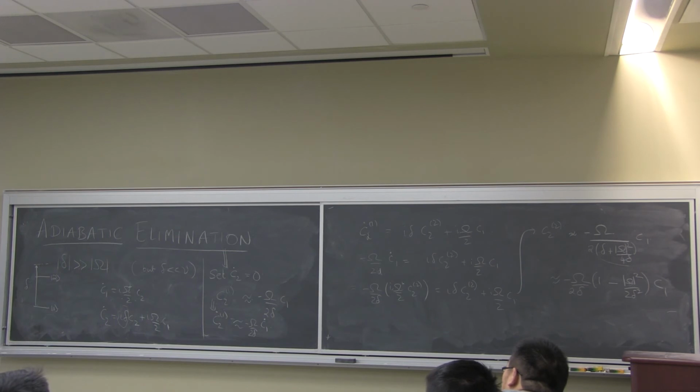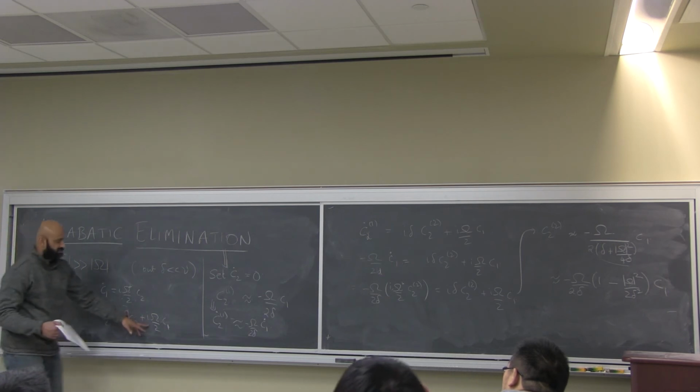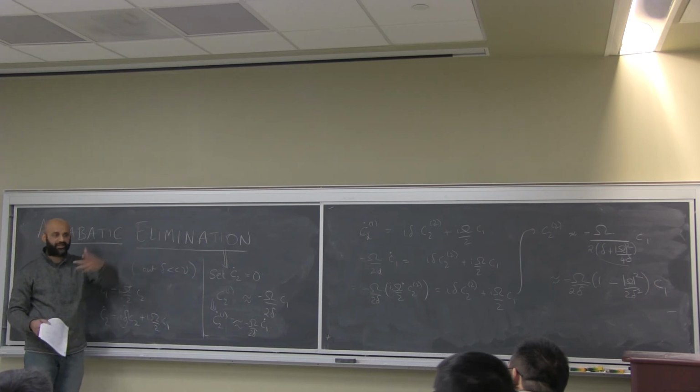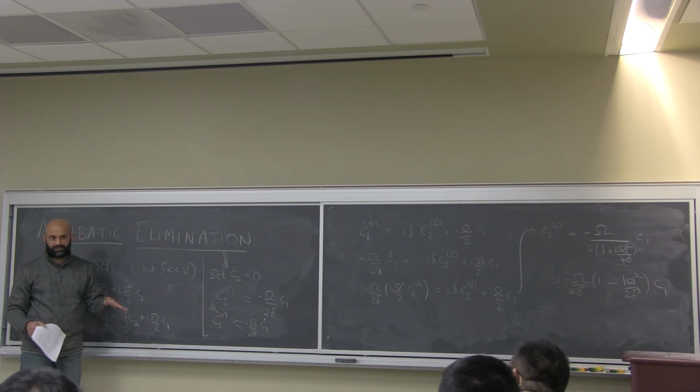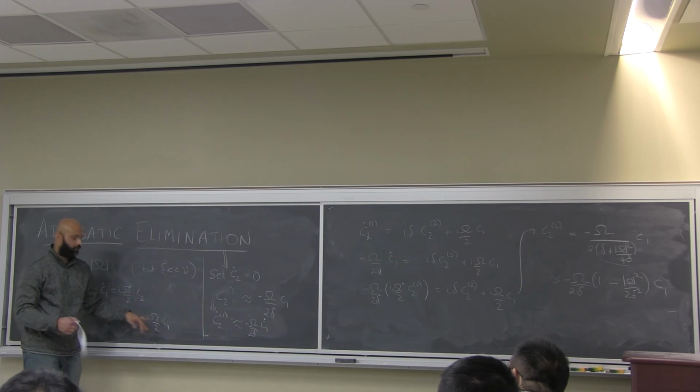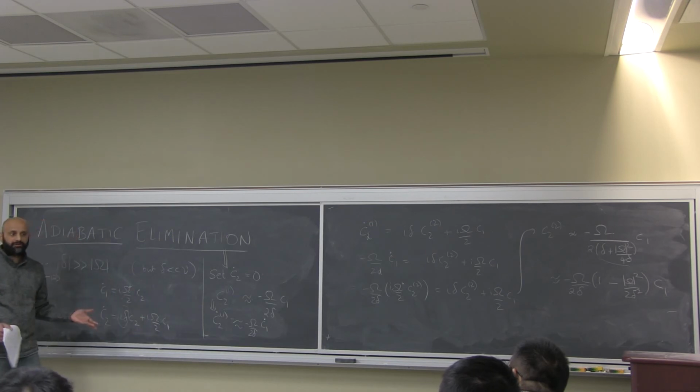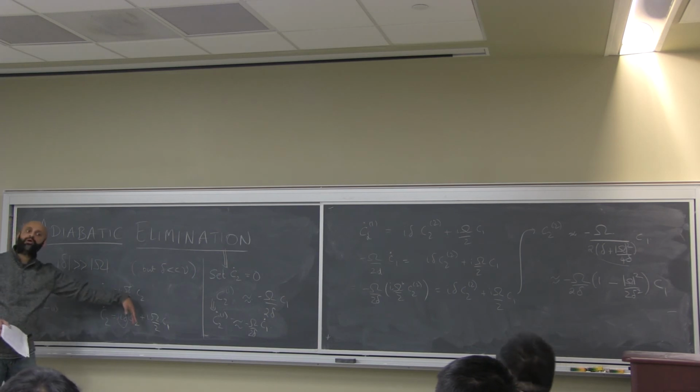It will be large compared to that, but still slow compared to the overall dynamics of the system, which is governed by, say, omega. Omega has some shape, and we are assuming the rise and fall times of this omega are much slower than this 1 over delta time scale. That's what we want to follow.